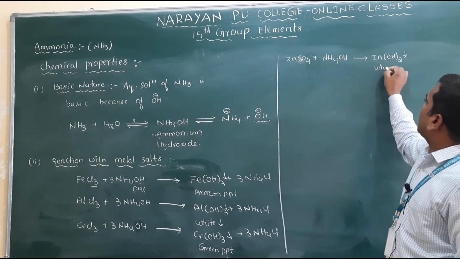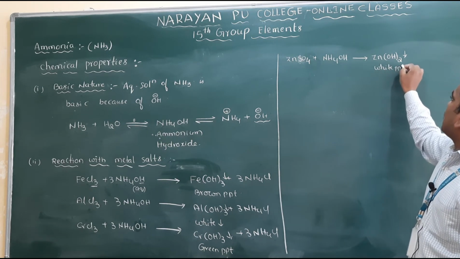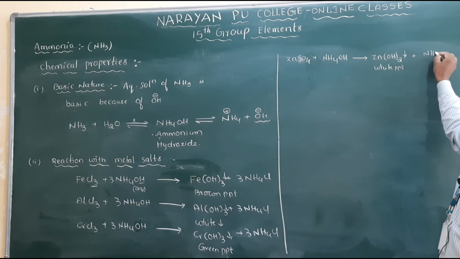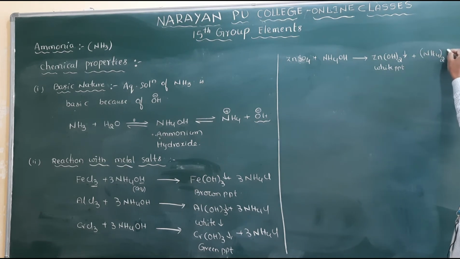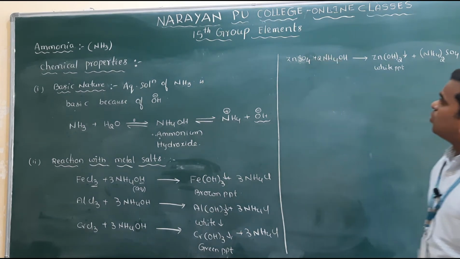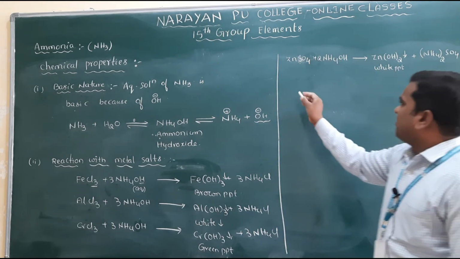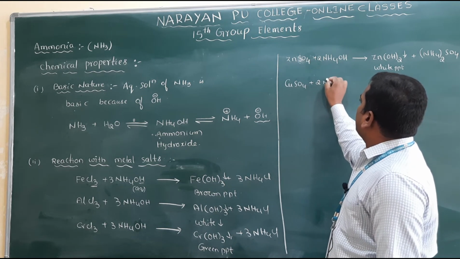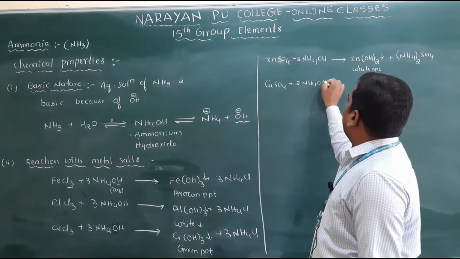Which precipitate? White precipitate, and you will get ammonium sulfate, (NH4)2SO4. So you have to take how many moles here? 2 moles. Clear?